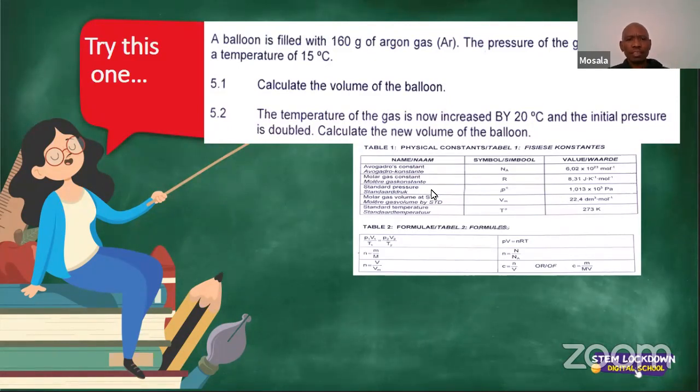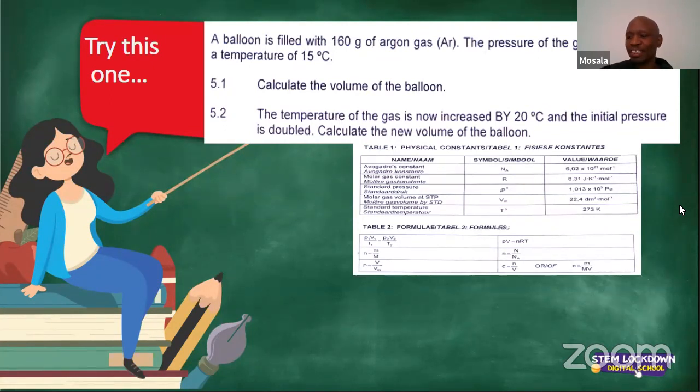So the question we were busy with was: a balloon is filled with 160 grams of argon gas. The pressure of the gas is 120 kilopascal at a temperature of 15 degrees Celsius. In question 5.1, the first question, you are asked to calculate the volume of the balloon. And in 5.2, you have been told that the temperature of the gas is now increased by 20 degrees and the initial pressure is doubled.